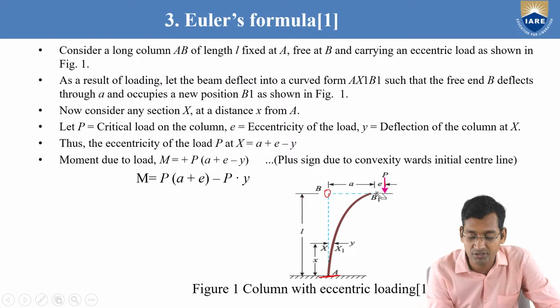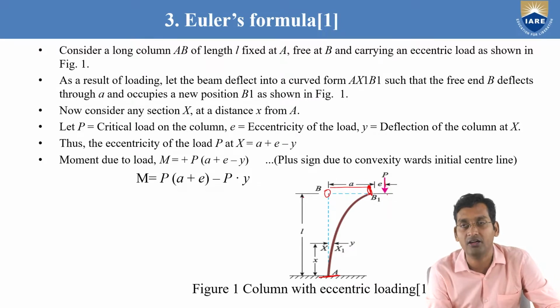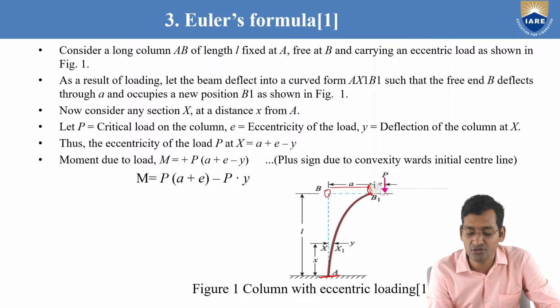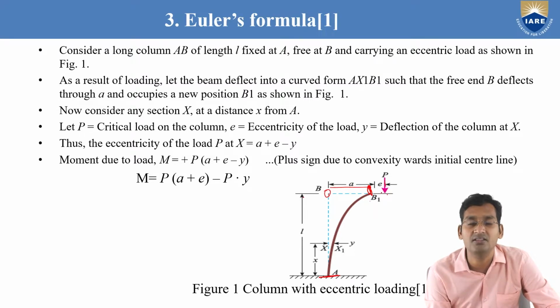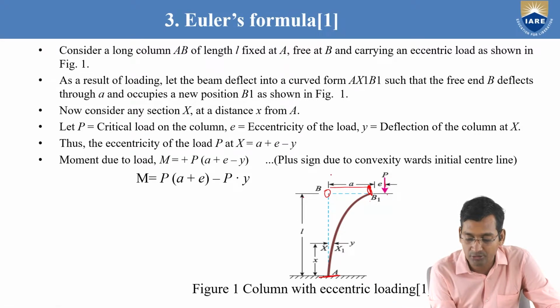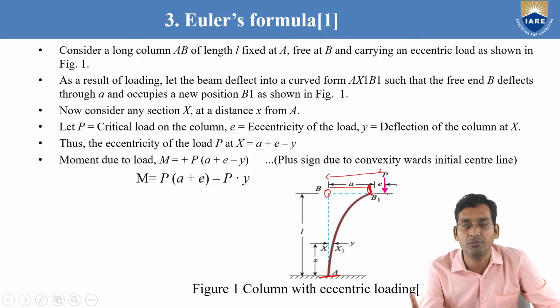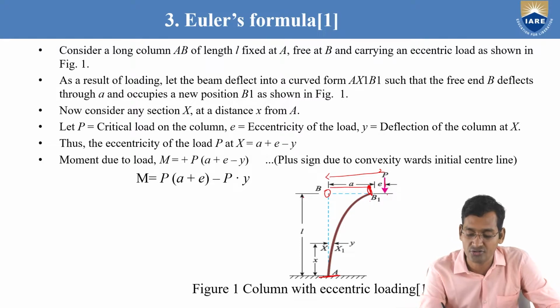Earlier we derived this taking this distance as a. Now the load is not acting on this point. The load is acting somewhere else, at a distance e from the end B1, which was earlier B. After deflection, this becomes B1, and the load is acting at a distance e from B1. So the total distance will be what? Once we have to find the moment, we have to take force into perpendicular distance.